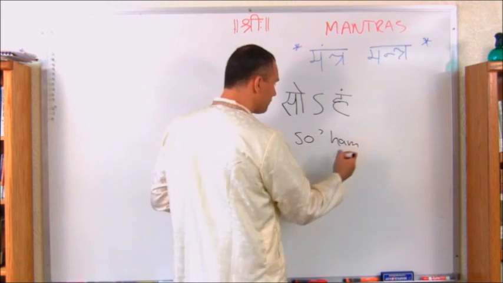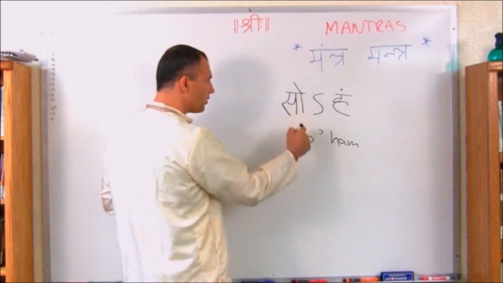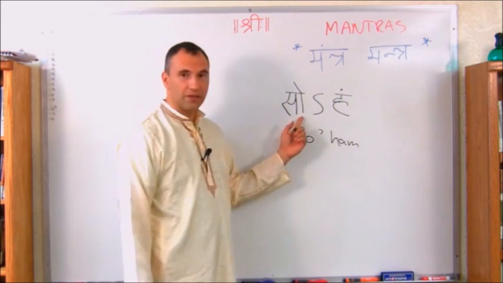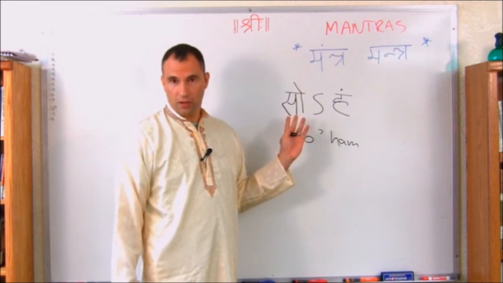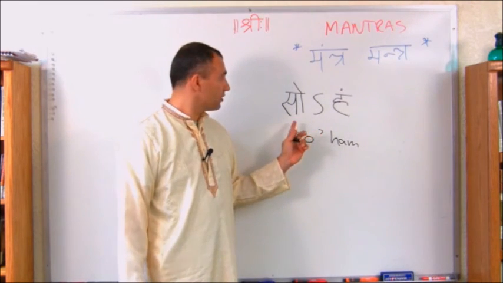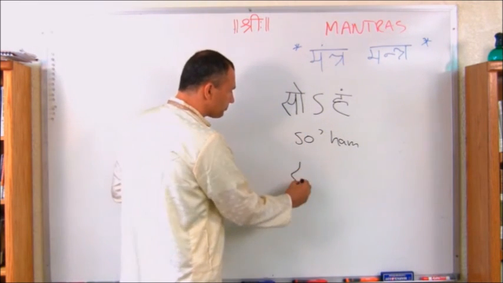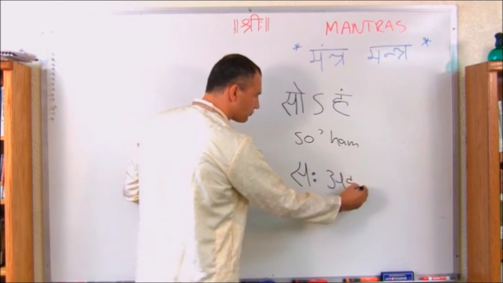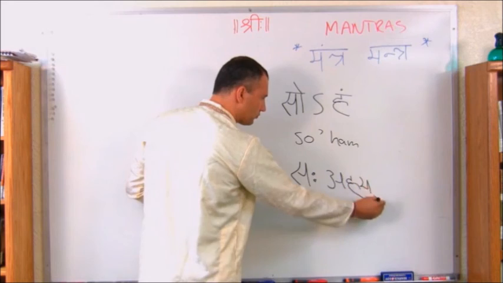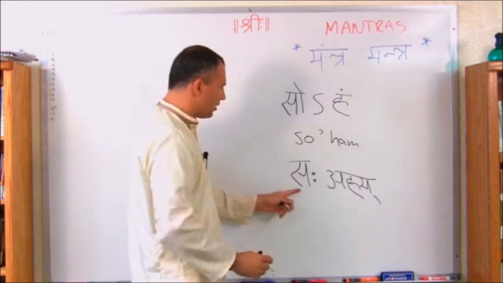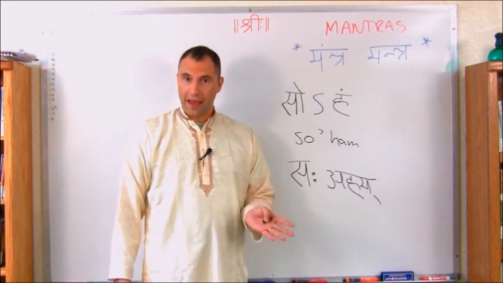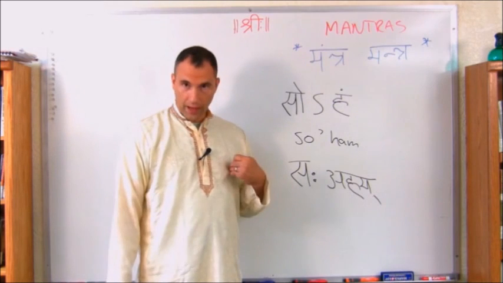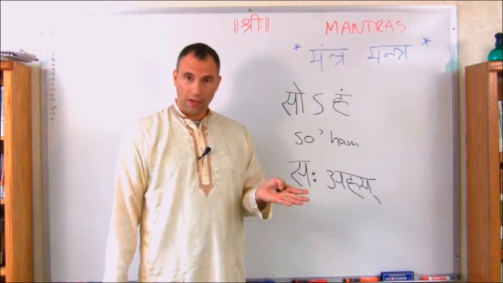It's the letter A. And in fact, this is a Visarga Sandhi, which we have covered in the last lesson of this series. The original is Saha Aham. Saha means he or that. Aham means I. So it means I am that I am.